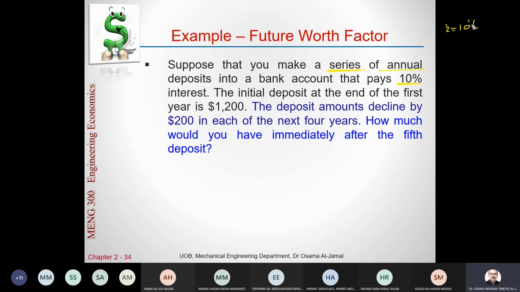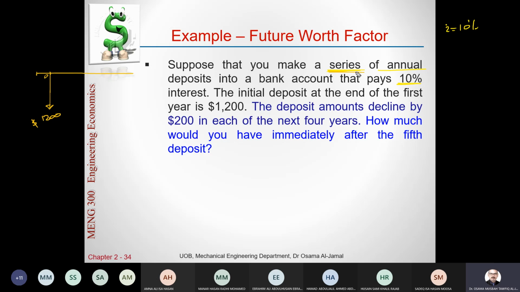So in year one, you just plot that one. This is the first year here. A deposit means downward. $1,200.